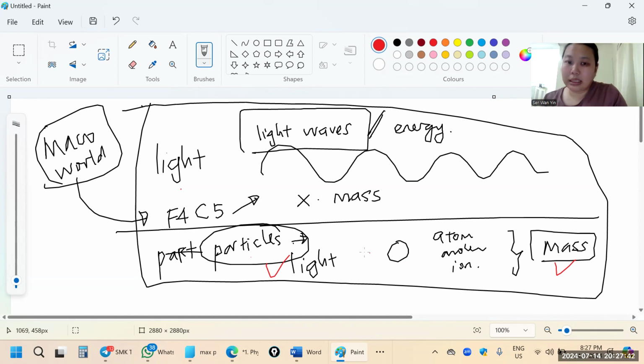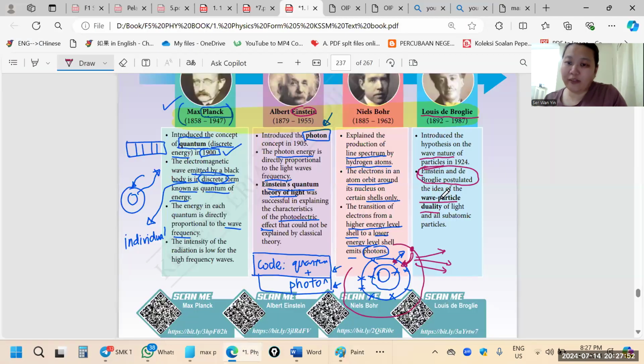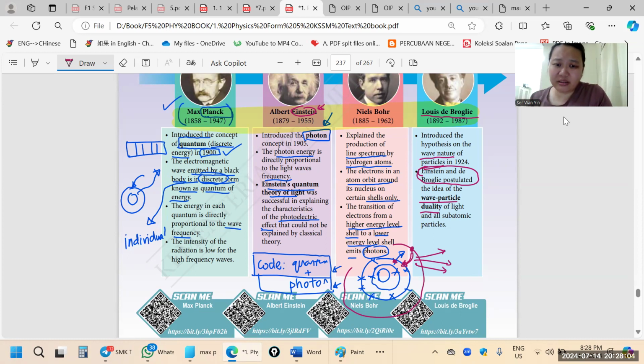Okay, so they came to a conclusion: light could be a wave and could be a particle. Okay, so wave-particle duality. But Einstein also said he doesn't like something so uncertain.